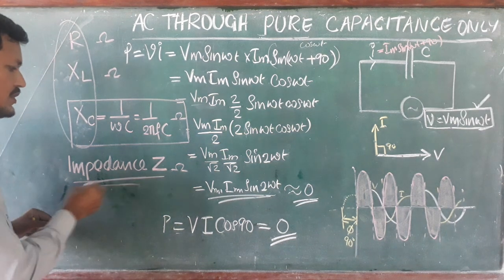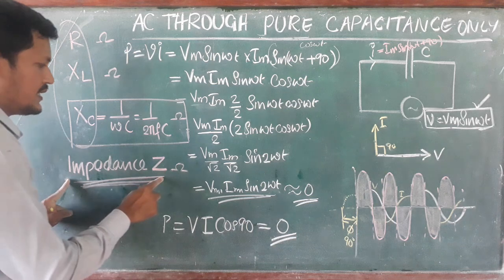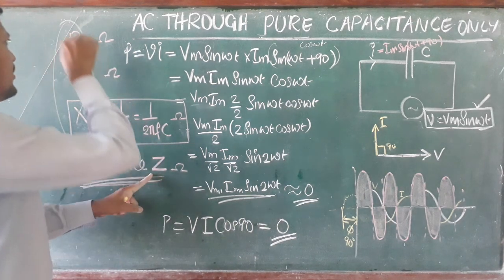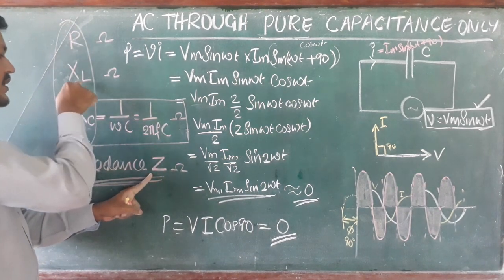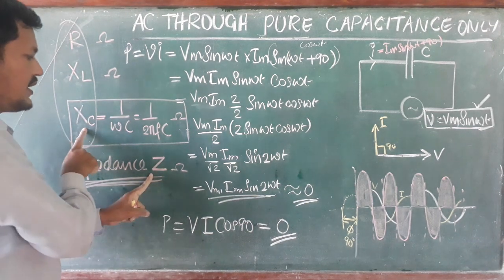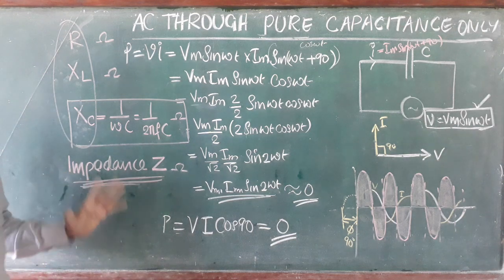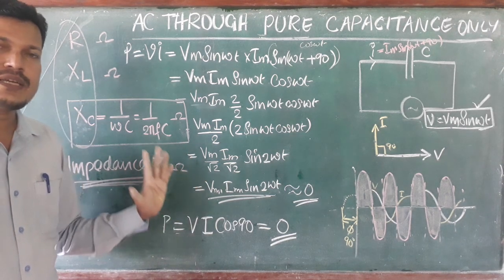The total opposition offered to the flow of alternating current is known as Z. The Z value depends upon the resistance value, the inductive reactance value, and the capacitive reactance value. So in the next videos we calculate the total opposition offered to the flow of current.